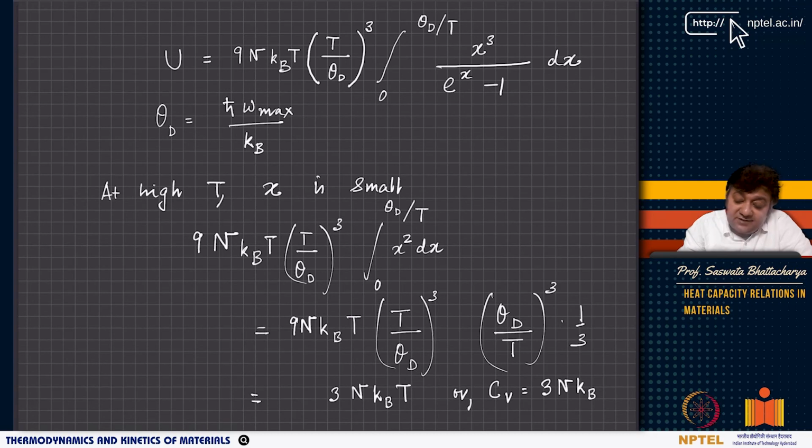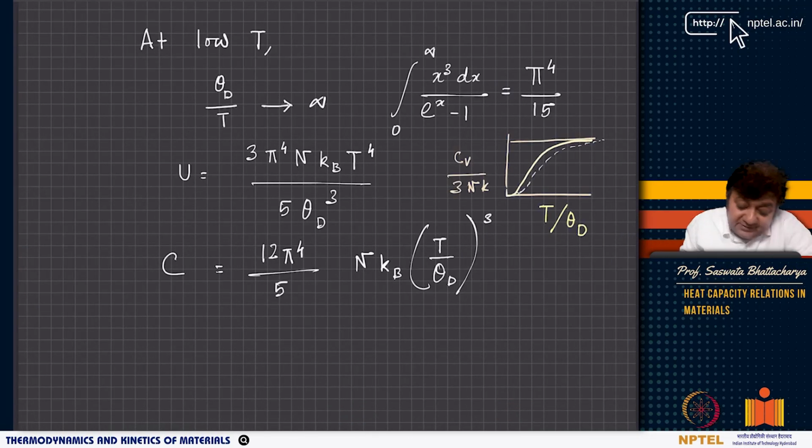Now, you have x cube by x, because e to the x minus 1 is about x. So x cube by x is nothing but x square, and you have T by theta D whole cube, and then there is a 1/3. So you recover Dulong and Petit's law, Cv equal to 3 N kB.